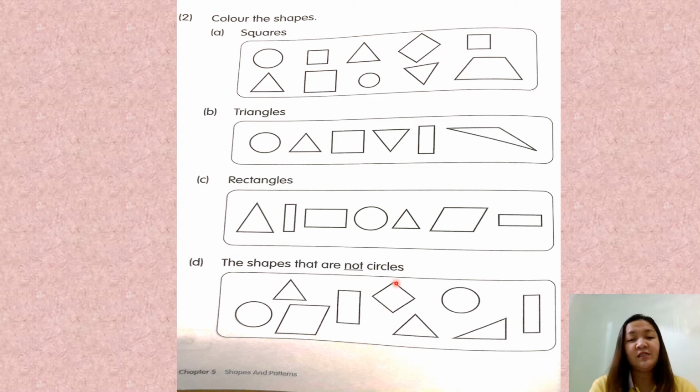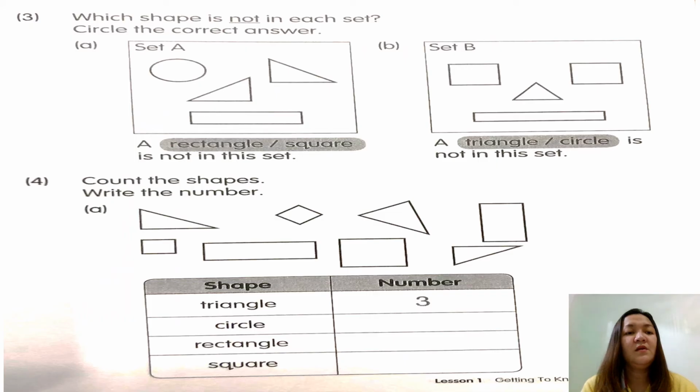Number 3, which shape is not in each set? Circle the correct answer. So set A, we have a circle, triangle, triangle, and a rectangle. So a rectangle or a square is not in this set.